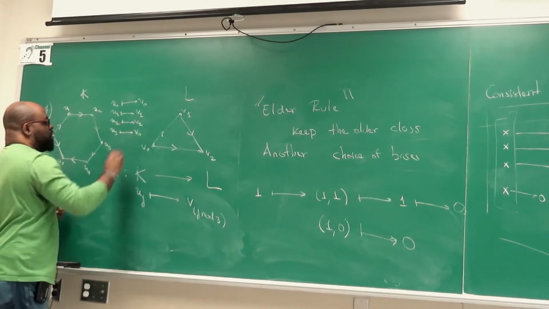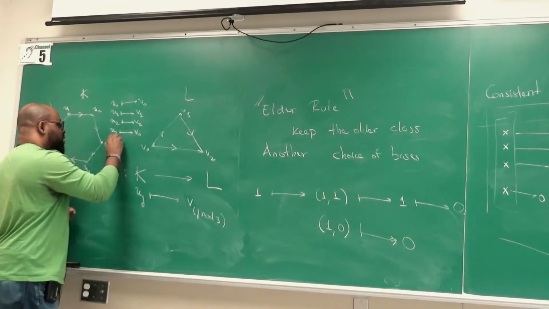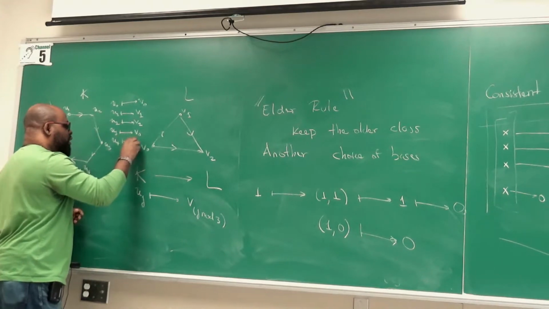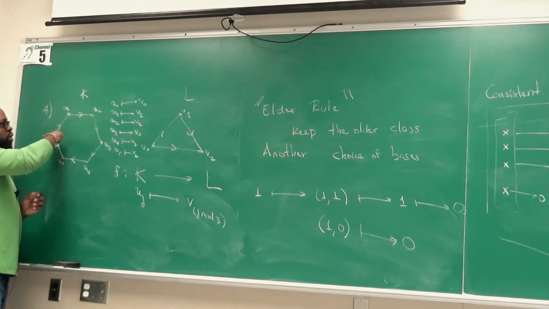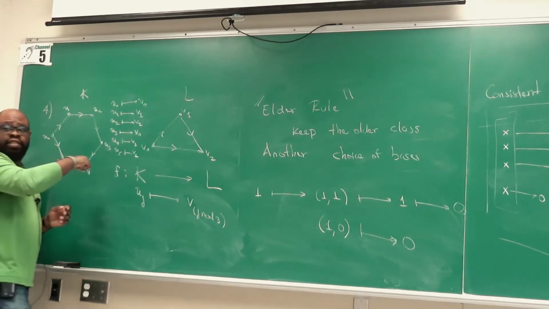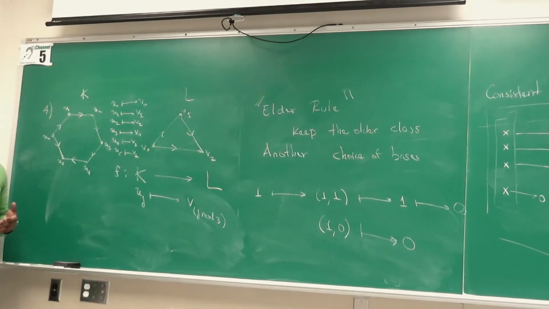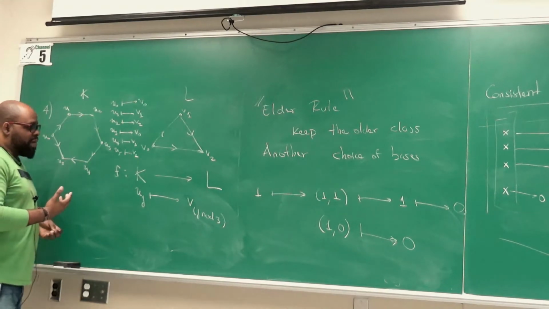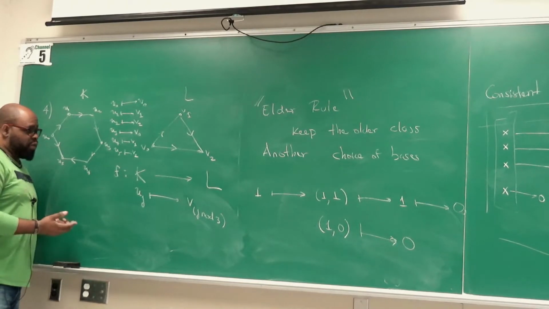V0, right? 3 mod 3 is 0. Then U4 goes to V1, and then U5 goes to V2. So essentially, I'm going one time around this hexagon, and then I'm going 2 times around this triangle. That's what the simplicial map is doing. Now let's think about F star at the level of the first homology group.